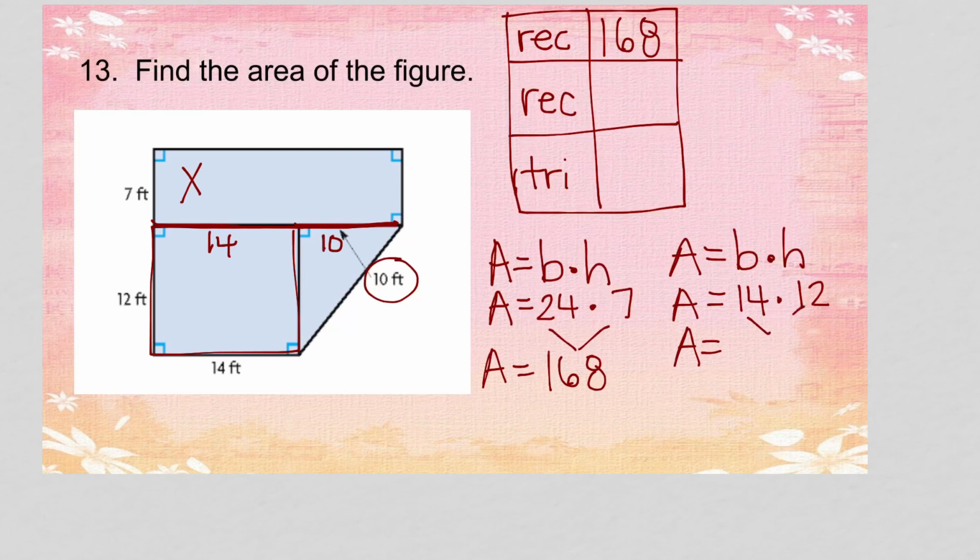What's 14 times 12? 168. How many of you were confused because they were both the same? Guess what? They can have the same area. One's just stretched out and one's a little bit squished in, right? So they can have the same answer even though they're different shapes.